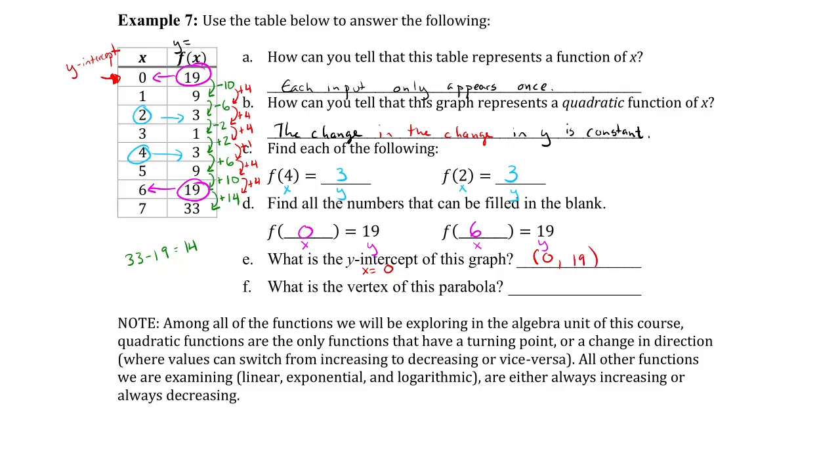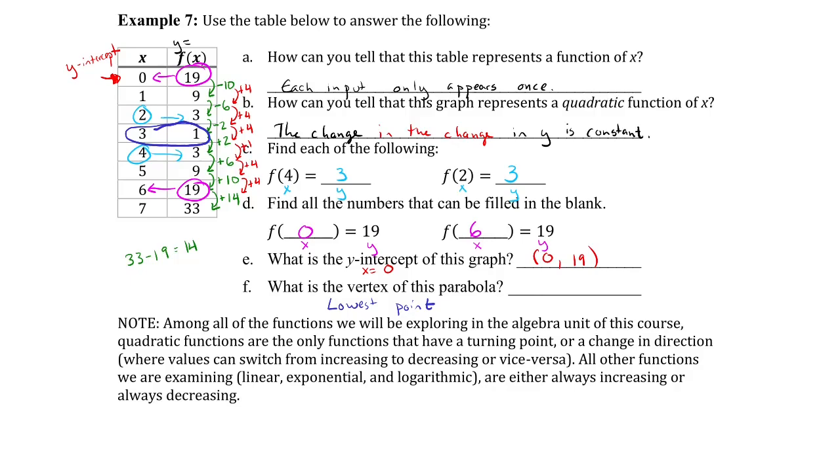What about the vertex? Well, to get a candidate for the vertex, we notice that the value of this function is decreasing and then increasing again. So the vertex here is going to be the lowest point. This row is where we have the lowest y value, right?